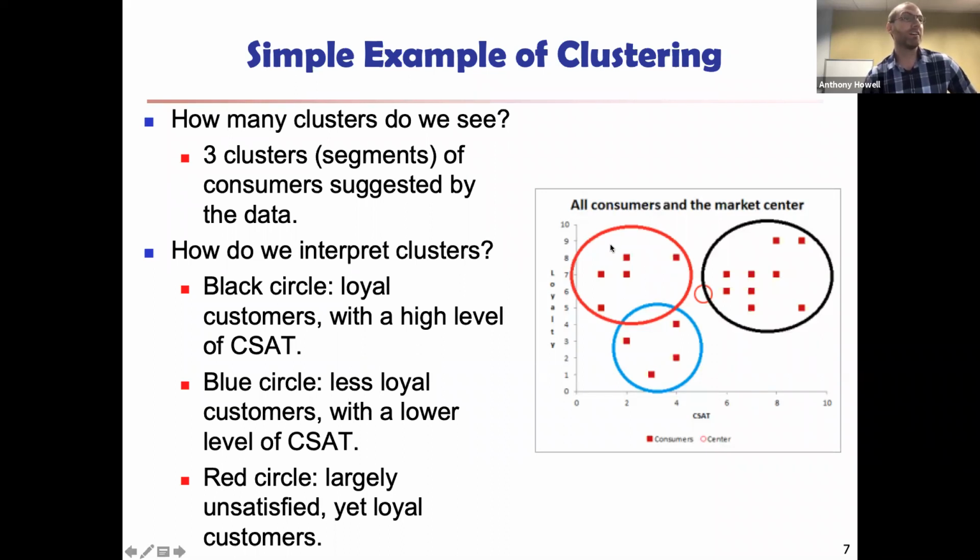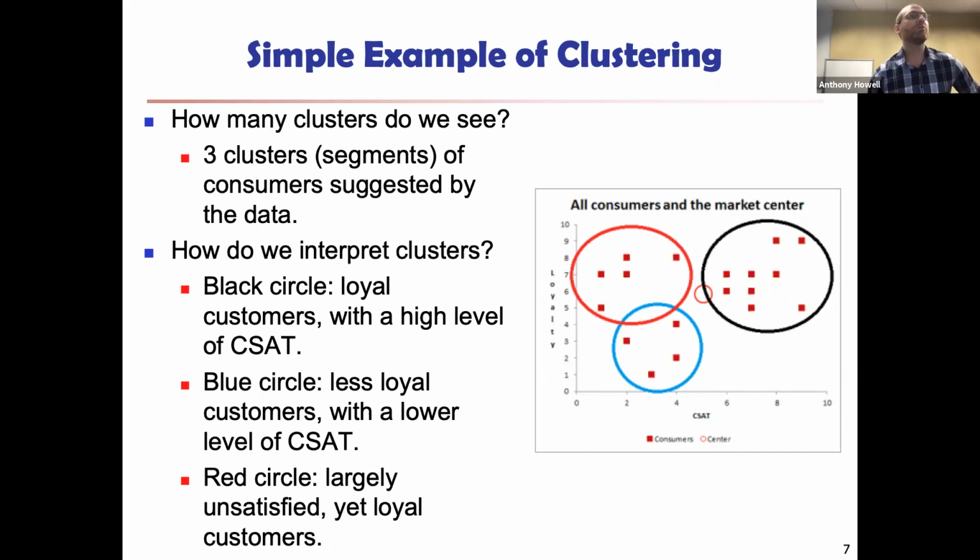And then the third cluster here is a little bit of an anomaly. We have a very high loyalty score for these customers, but they are also very dissatisfied at the same time. So loyal but dissatisfied. In terms of marketing, some kind of advertisement or marketing program, you may want to first target this cluster of customers who you know to be very loyal, but for whatever reason are very dissatisfied.